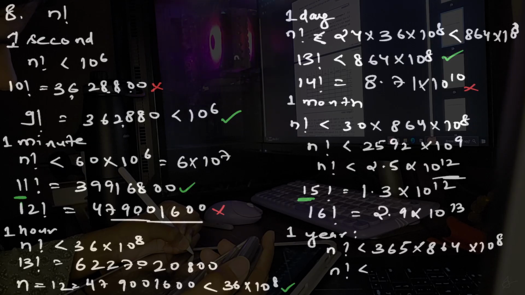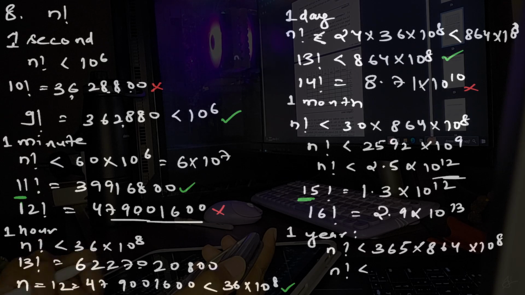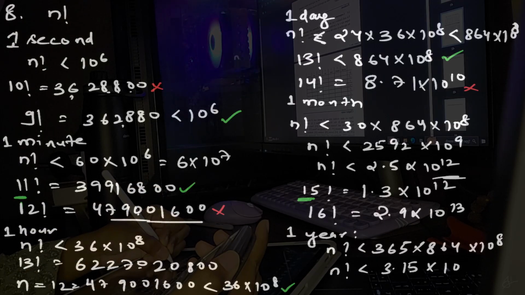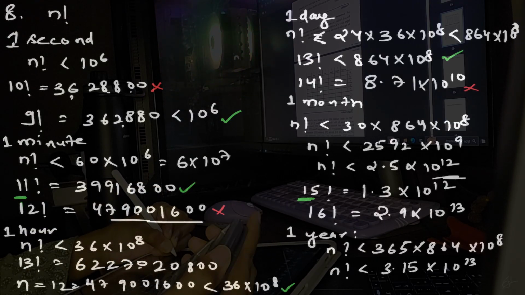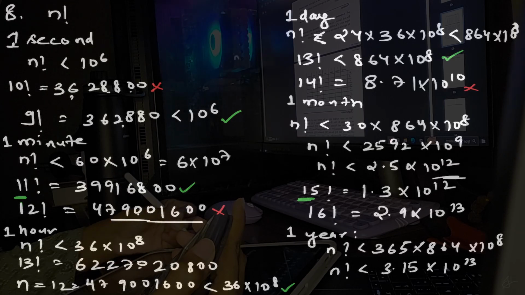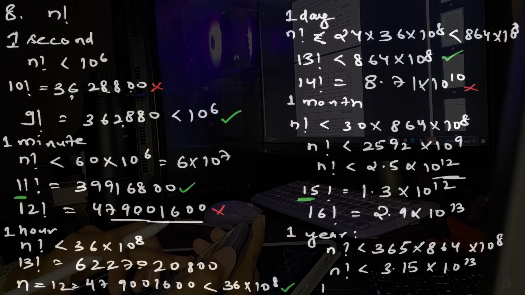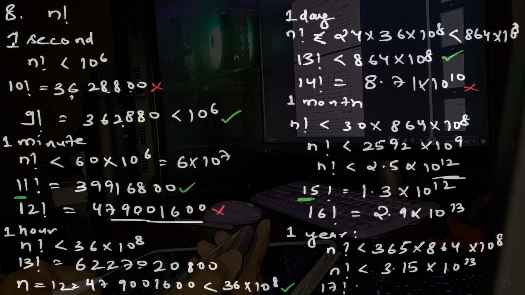Let me multiply 365 into 864 into 10 to the power of 8. It is nothing but 3.15 into 10 to the power of 13. Okay, so 16 factorial looks less than that, and I'm very, very sure that 17 factorial won't be less. But we have to check.